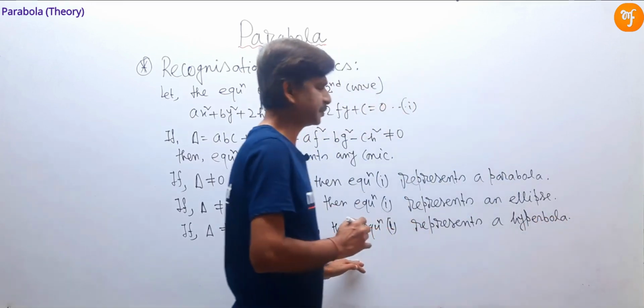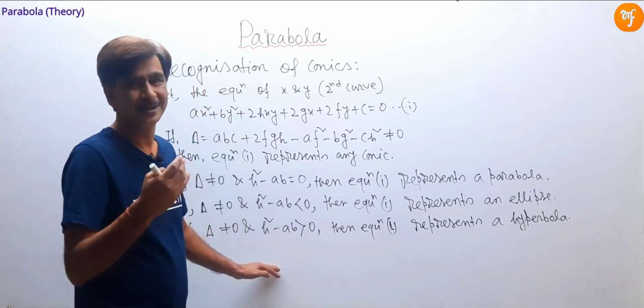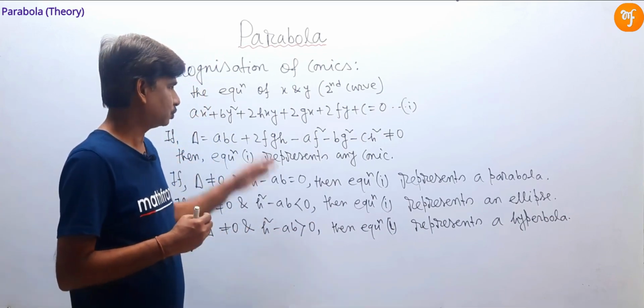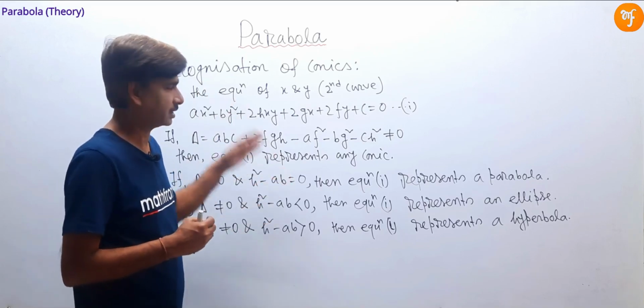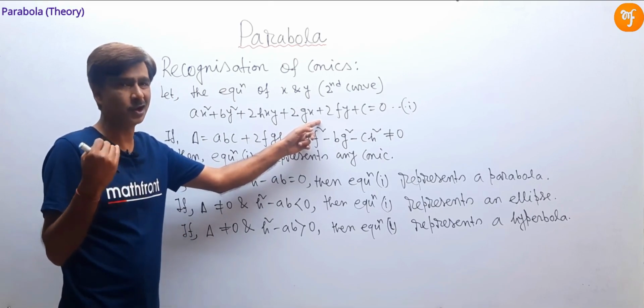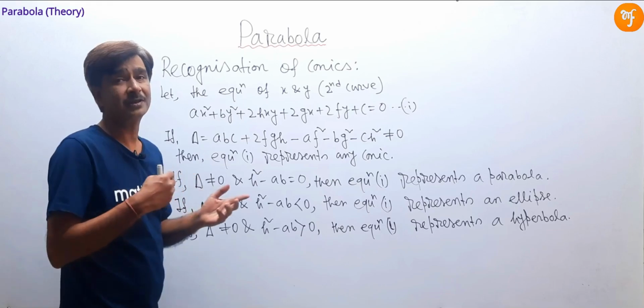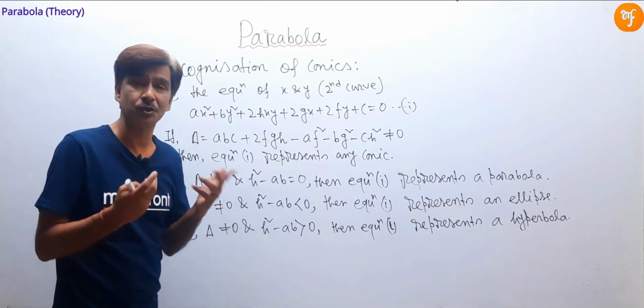Now you know there is a specific type of hyperbola known as rectangular hyperbola, which is also a hyperbola. To recognize whether this given equation 1 is a rectangular hyperbola or not, we need an additional test, that is whether the value of a plus b is equal to 0 or not.